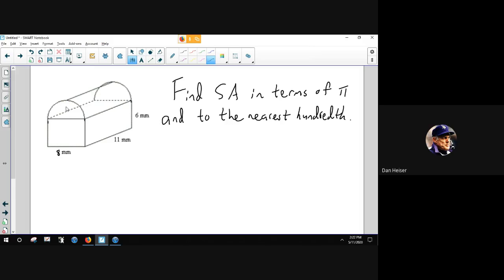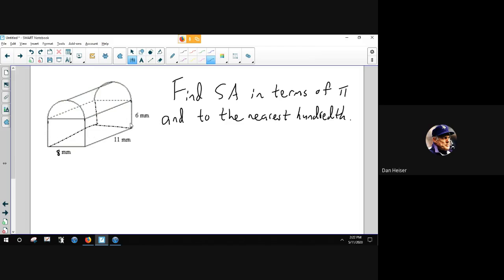So we have something like this here, something like that, and then we have going across. So we do have a three-dimensional figure, and we just can't see those dashed portions. So this will help us find all of the outer shapes that we need to find the area of.